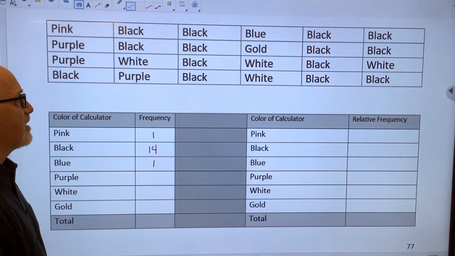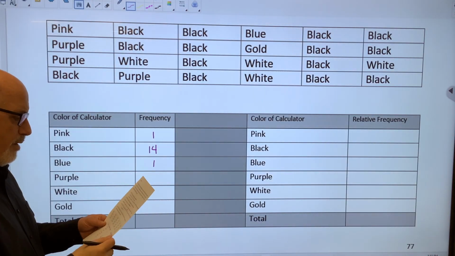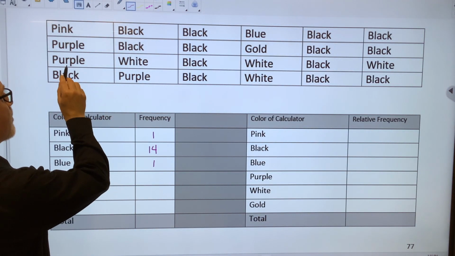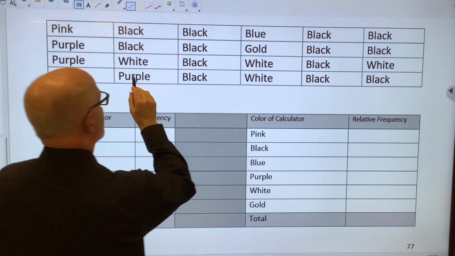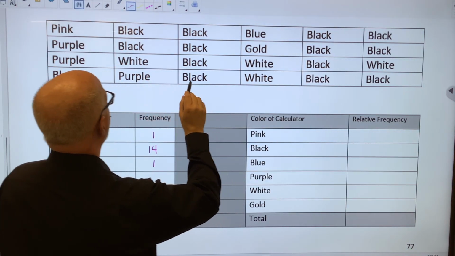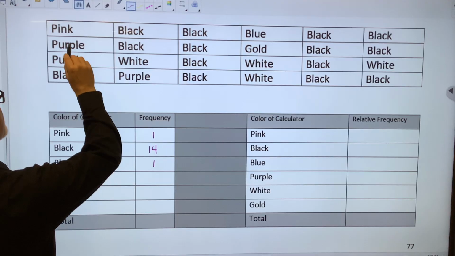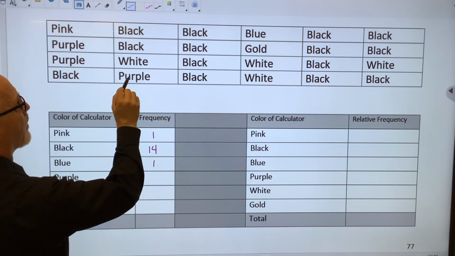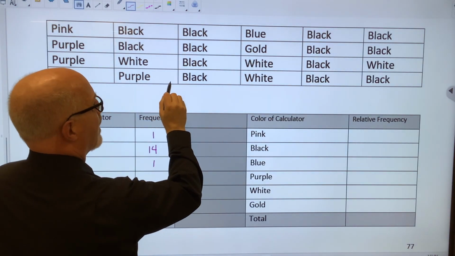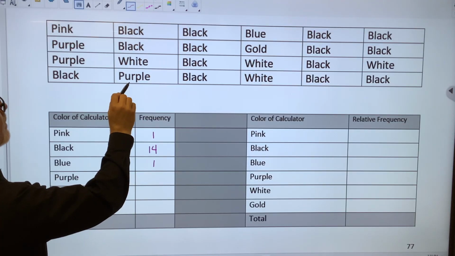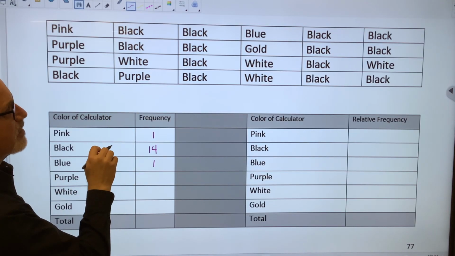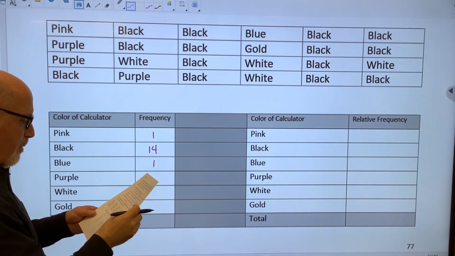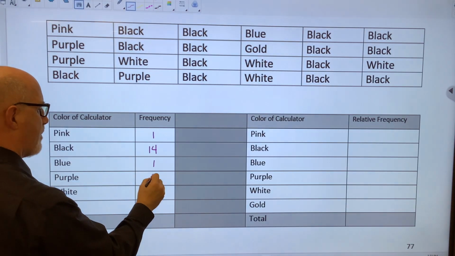Next, if we do purple, here is a purple 1, here's 2, and 3. So for our purple calculators, we've got 3 of them.